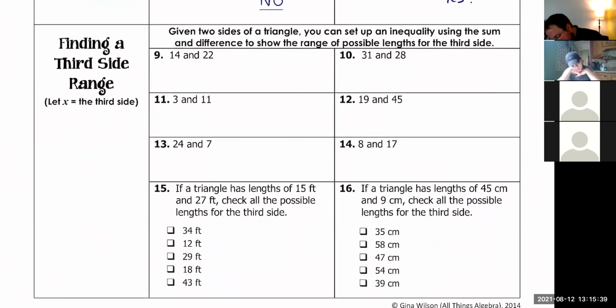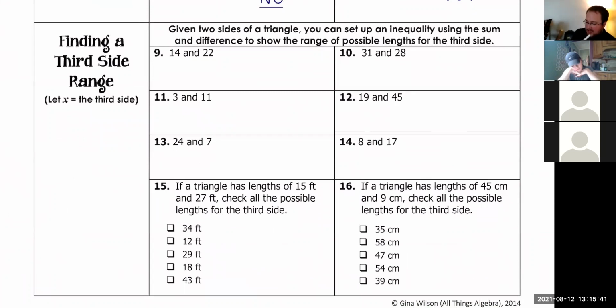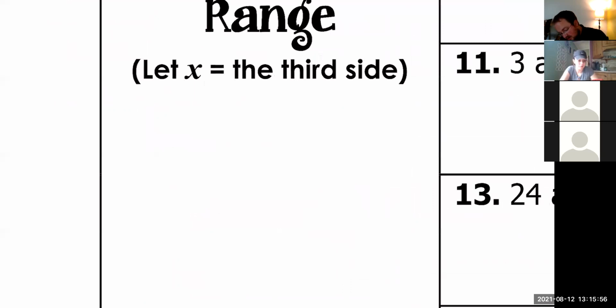So this scenario is finding a third side given a range of possibilities. And we're going to let X, so we're going to use a variable, represent that potential third side. Now the trick to do this, I'm going to put it over here in the left-hand column.